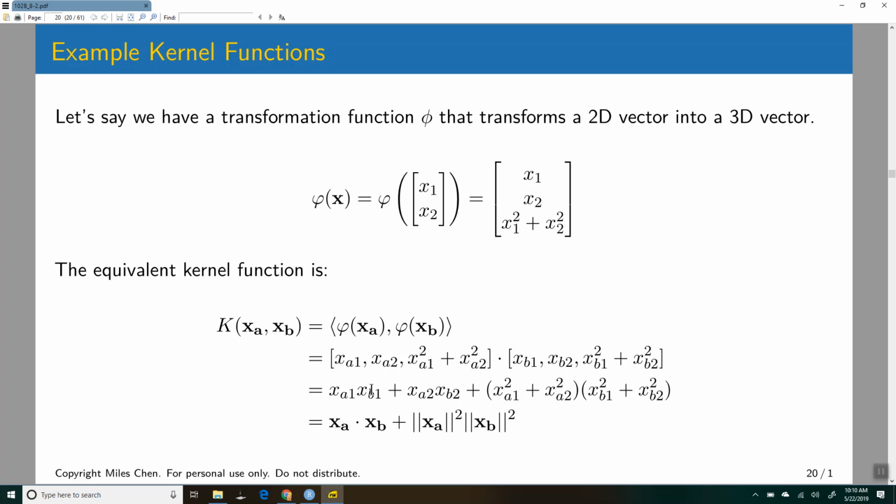So xa1 xb1 plus xa2 xb2 is just the dot product of xa and xb. We don't actually have to transform into three-dimensional space and do the dot product. We can go directly to the kernel.